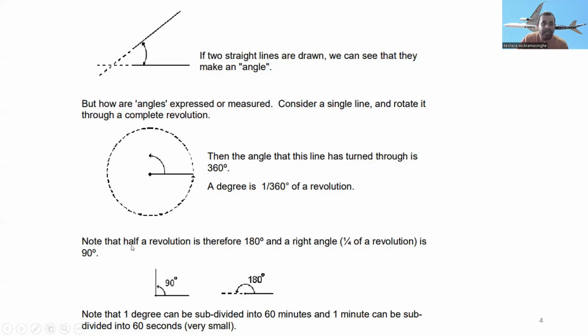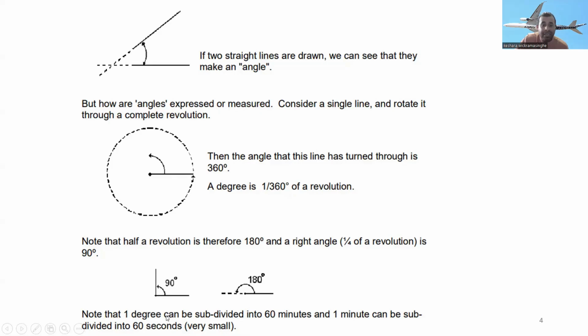Note that half a revolution is therefore 180 degrees, and a right angle is 1 upon 4 of a revolution, which is 90 degrees. Half a revolution means this line goes to here, so the angle is 180 degrees. The right angle is over there, like 9 o'clock or 3 o'clock, 1 upon 4 of a revolution, that means 90 degrees. Here is the right angle, 90 degrees, and 180 degrees is a half angle.